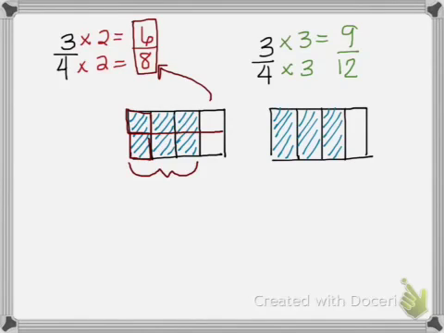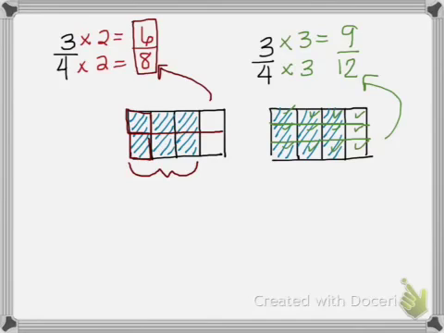And this time when we multiplied it by 3, what we were doing is dividing the entire fraction into 3 parts. So now you can see that I have a total of 1, 2, 3, 4, 5, 6, 7, 8, 9, 10, 11, 12. I have 12 pieces, and 9 of those are shaded.